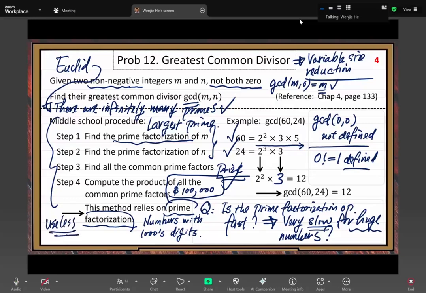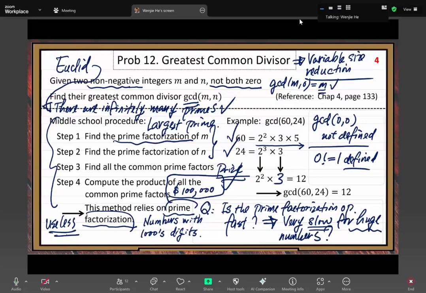We need to drop it. In other words, we have to consider a much better algorithm without relying on prime factorization, one that finds the GCD without prime factorization.